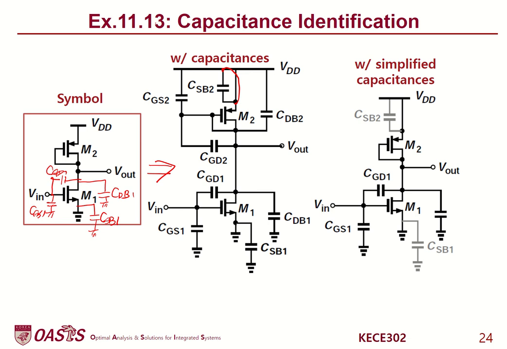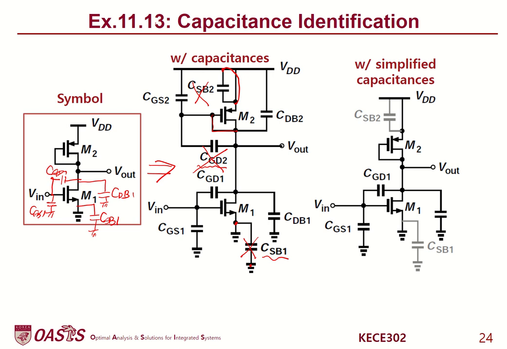You don't need to use that one, that's redundant. And also we have a diode connection, so CGD can be cancelled out. And also we can cancel out CSB1 because both nodes are connected to the ground.